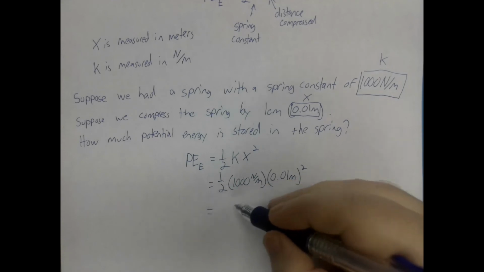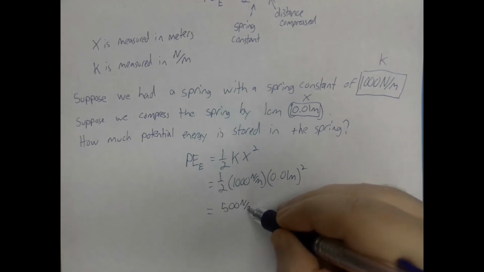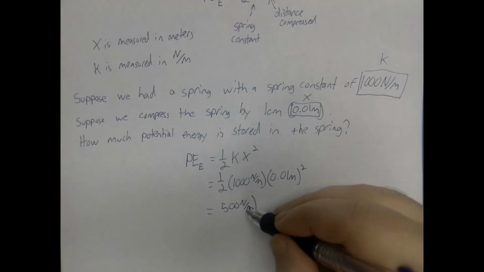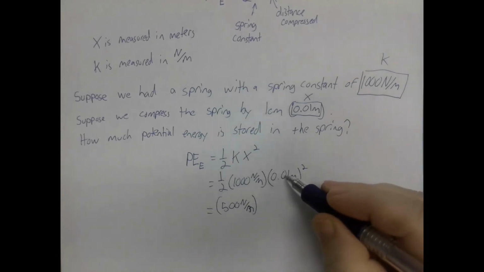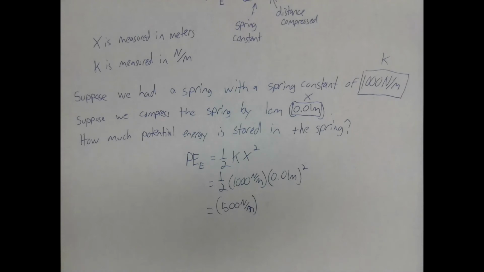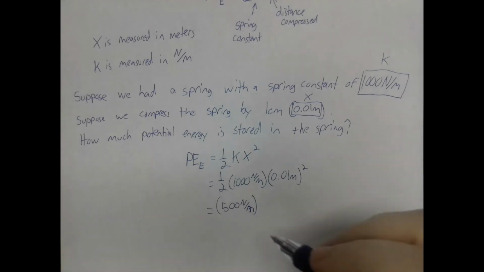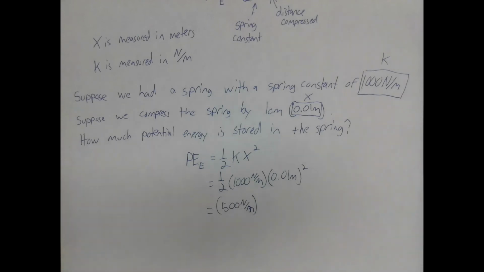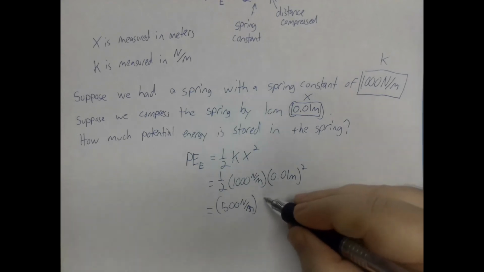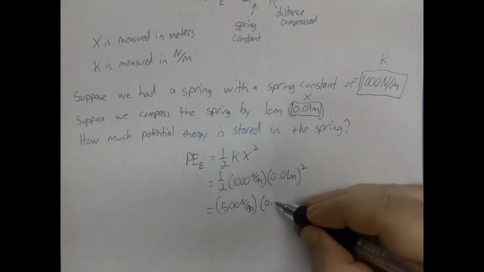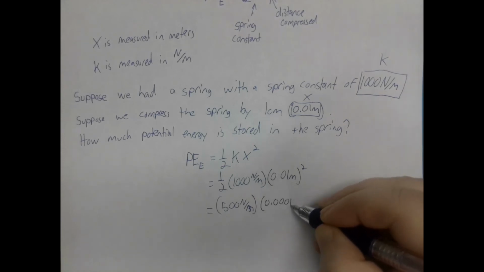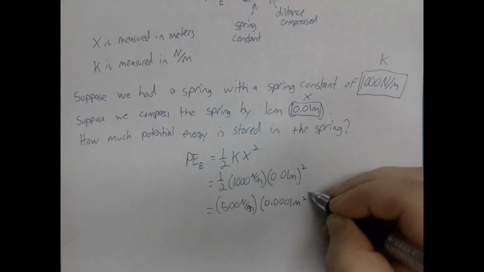So 1/2 times 1,000 is 500 Newton meters. 0.01 meters squared is 0.0001 square meters.